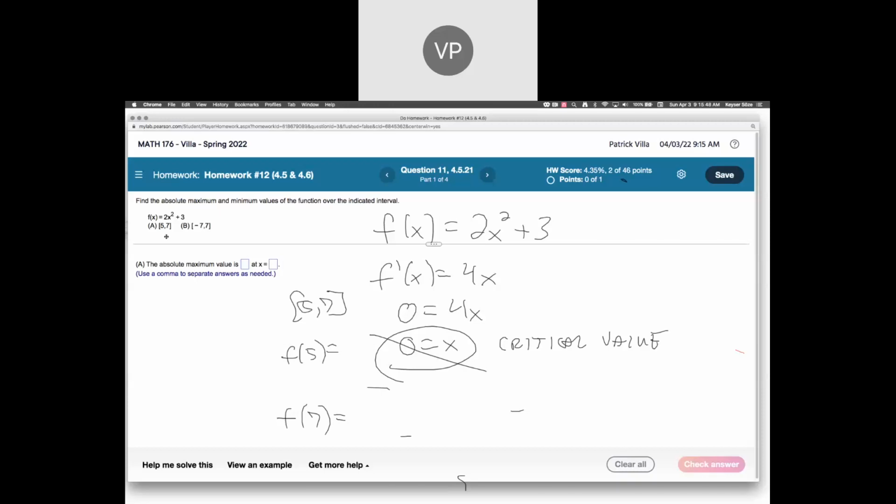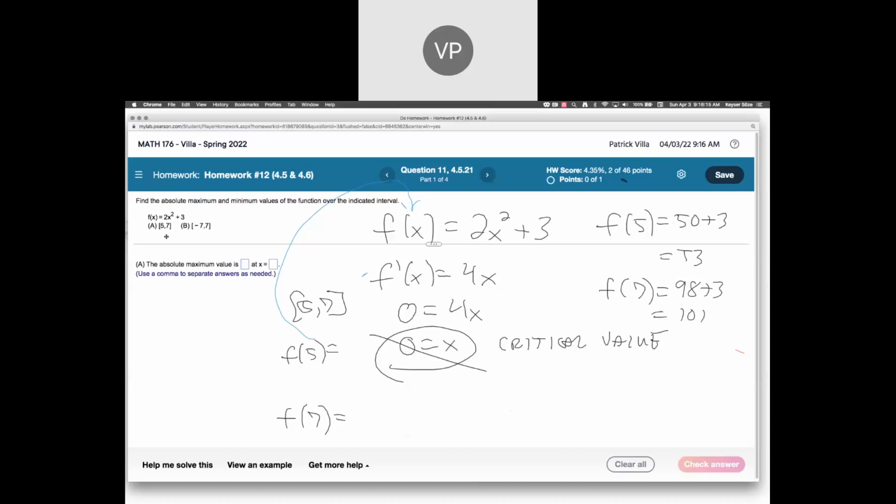Okay? So when I plug into the original equation, we're plugging in 5 right to here. F of 5 gives me 50 plus 3, so we get a 53. F of 7 gives me 2 times 49, which is 98 plus 3.